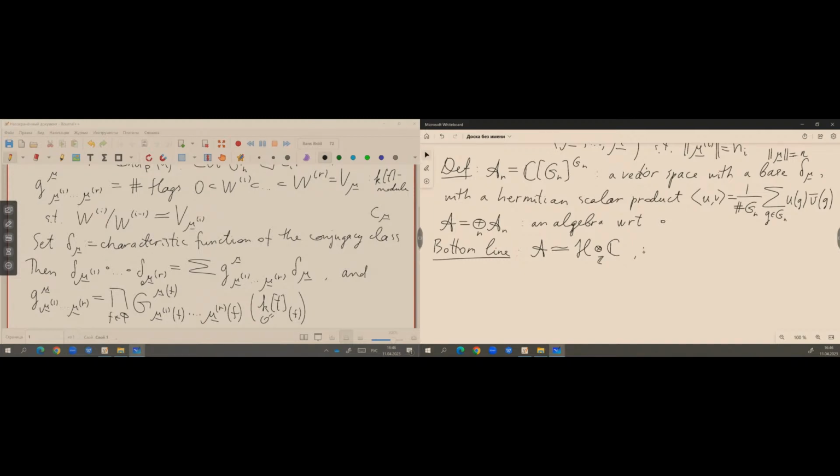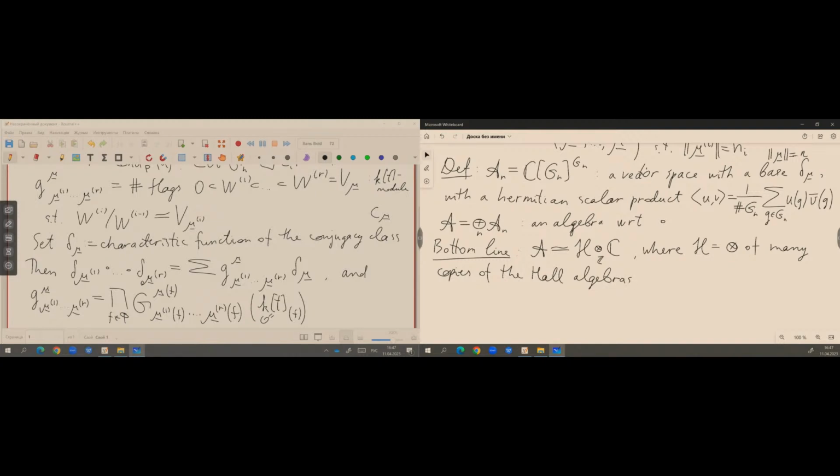So here H is the tensor product over many copies of the Hall algebra, numbered by those irreducible polynomials.